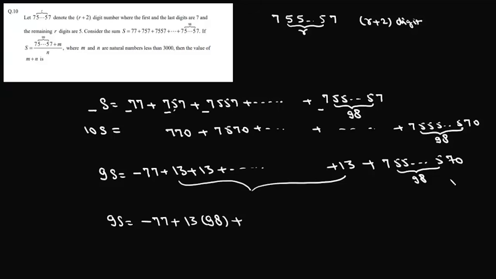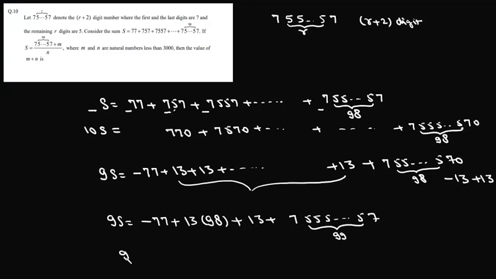So what we'll do is we will subtract 13 and we'll add 13. So here we'll add 13, and if we subtract 13, it'll become 7, 5, 5, 5, 5, 7, and now this is 99 times 5.